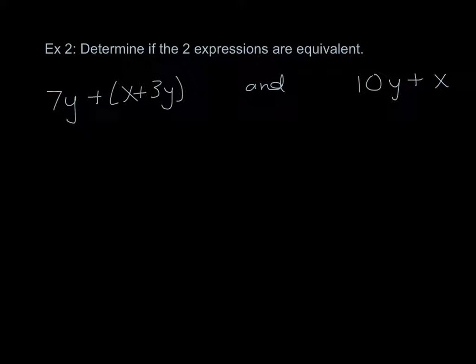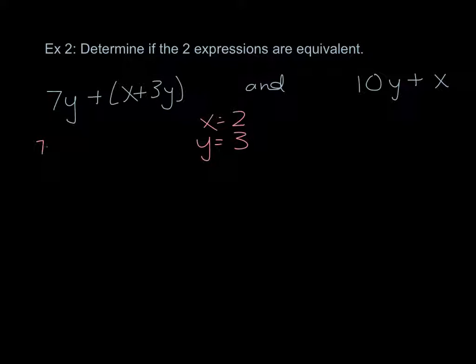Here's another example. Determine if the two expressions are equivalent. Here's my first expression and my second expression. This time, I'm going to do guess and check on this one. If I say x equals 2 and y equals 3, I'm going to solve my first problem, substituting in my variables. These just came from my brain, I'm just guessing.